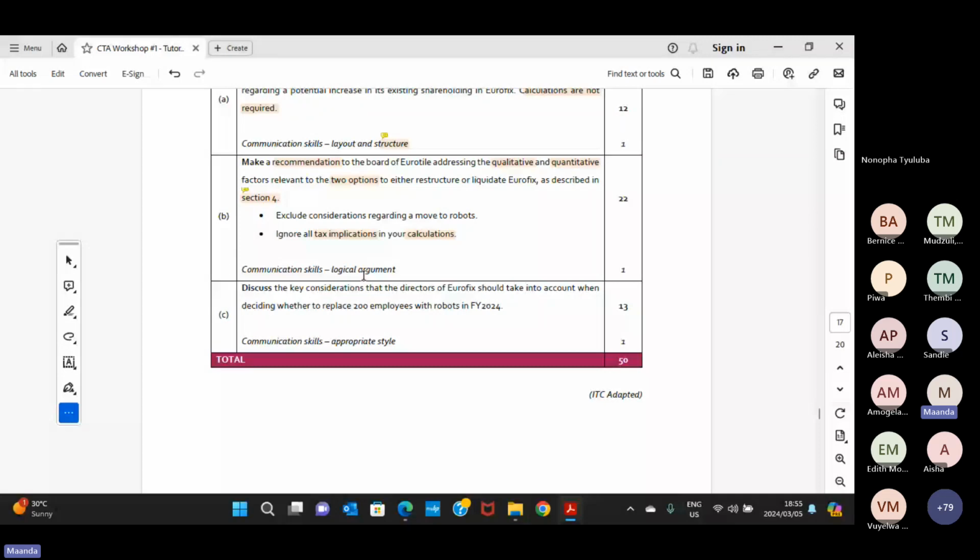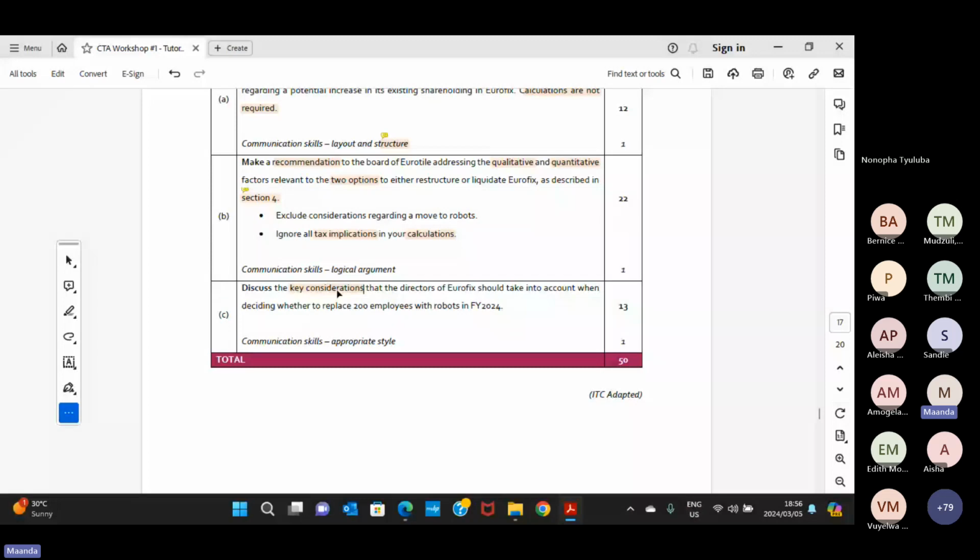So if it has not yet been implemented, it means that if I'm now thinking about key considerations, I'm putting it again to the directors to say, guys, here are the advantages, here are the disadvantages. I was not told to recommend what I need to do here, but I was just told to discuss.